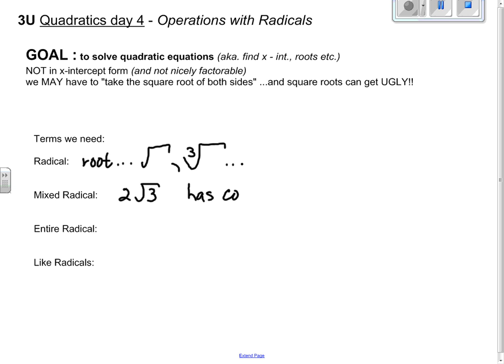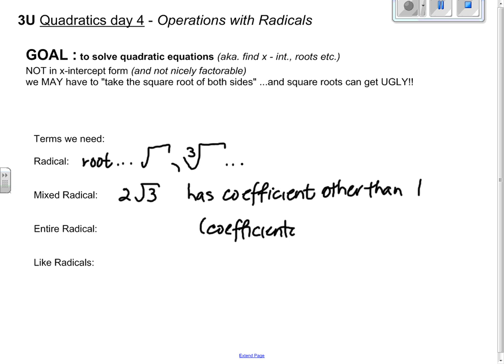It has a coefficient other than 1. An entire radical is when there is a coefficient of 1, invisible perhaps. So root 125 is an entire radical.